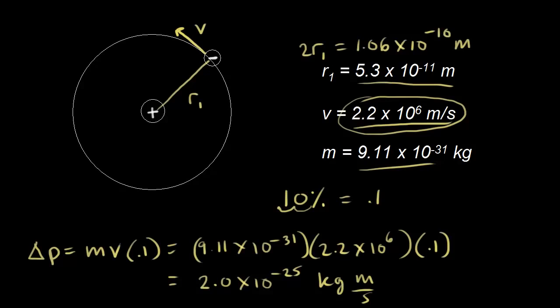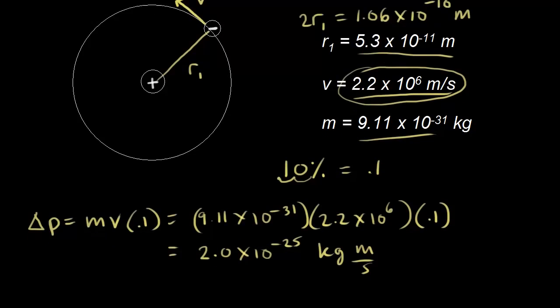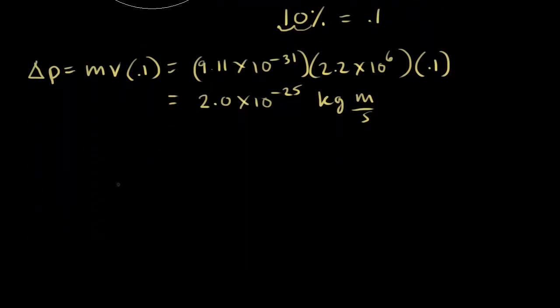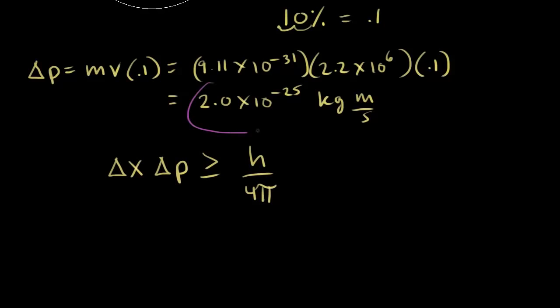So let's plug it into our uncertainty principle here. We had the uncertainty in the position of the electron times the uncertainty in the momentum of the electron must be greater than or equal to Planck's constant divided by 4 pi. So we can take that uncertainty in the momentum and plug it in here.